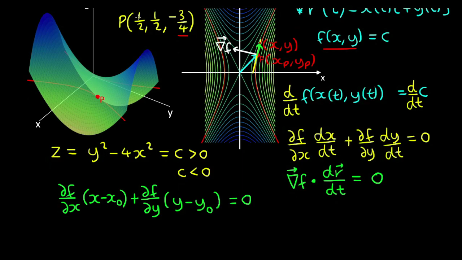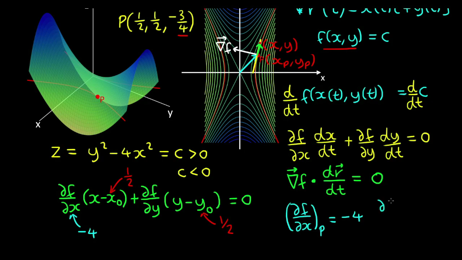So as an example, in this case, we have x naught being 1/2 and y naught is 1/2, and the partial of f with respect to x evaluated at point P is minus 8x, where x is 1/2, so we get minus 4.